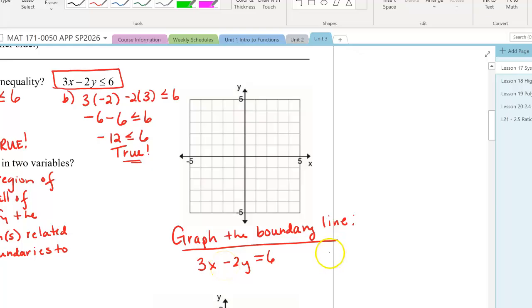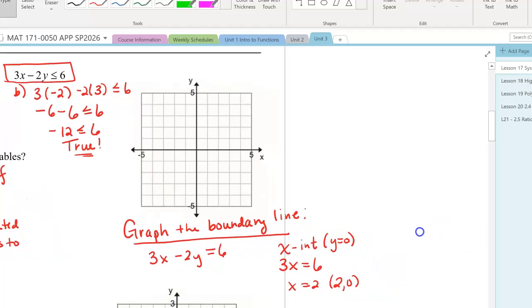So to find the x-intercept, remember you plug 0 in for y, and that would give me 3x equals 6, because the term with y in it will go away, since -2 times 0 is 0, and x is equal to 2. So we have 2, 0 as the x-intercept. For the y-intercept, we do the opposite.